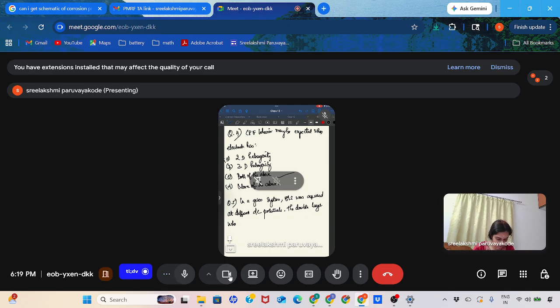Double layer was described by CPE. As potential increases, the magnitude of CPE parameter Q increased.